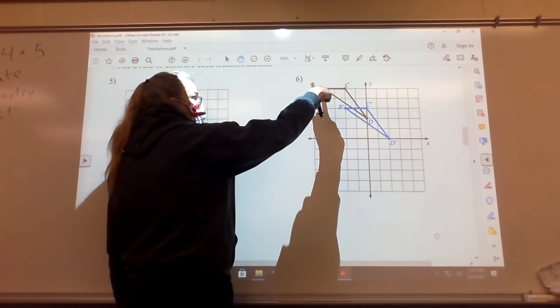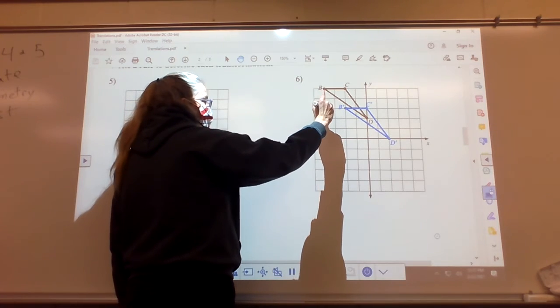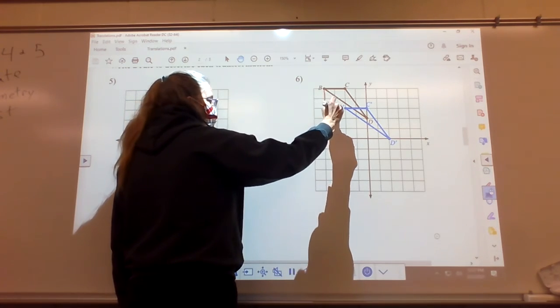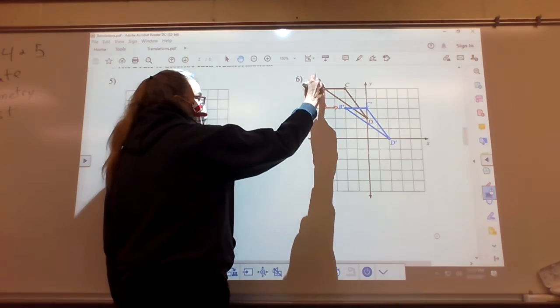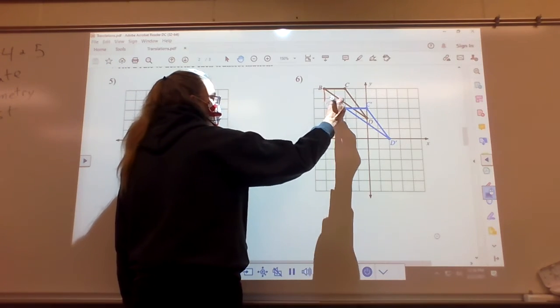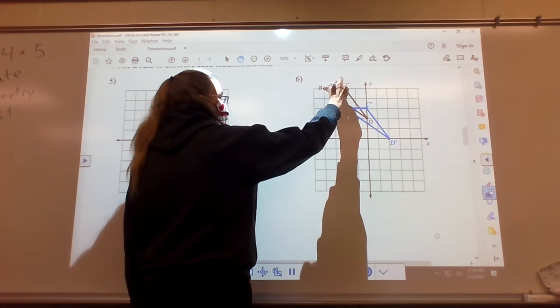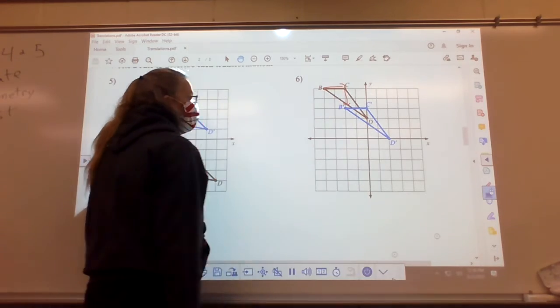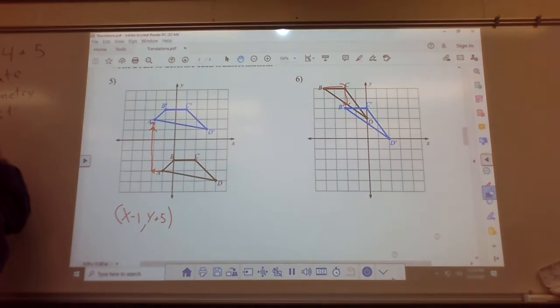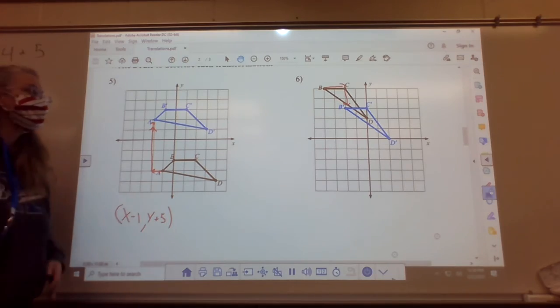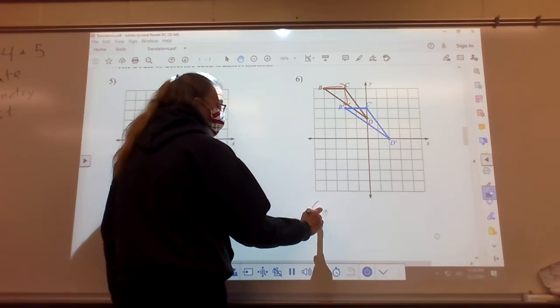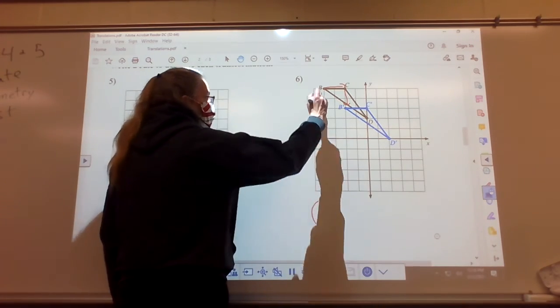So I'm starting at this one because it doesn't have a mark. And I'm going this way, that way. It's really this way first, then that way. Side to side first. So x, what did the x do? Plus 2, because I went right 2.